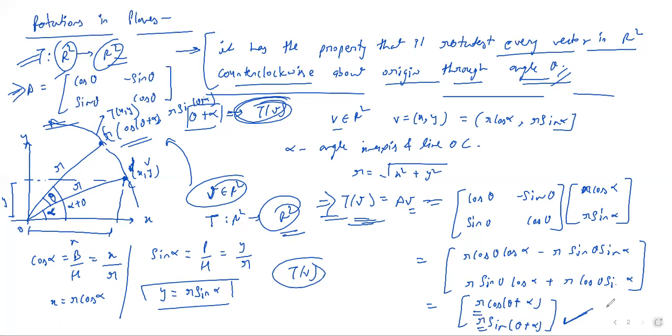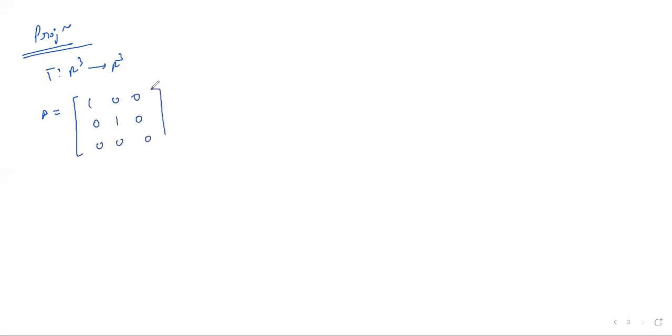Similarly, if we look at projection, let's say the mapping is from R cube to R cube, and take the matrix as 1 0 0, 0 1 0, 0 0 1. Now there is a vector v which equals x, y, z, and I want to see the projection of this vector.